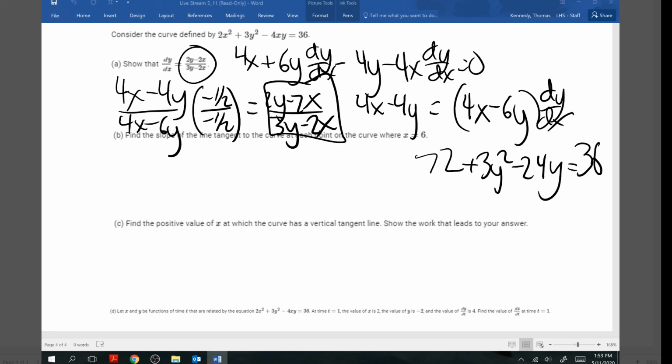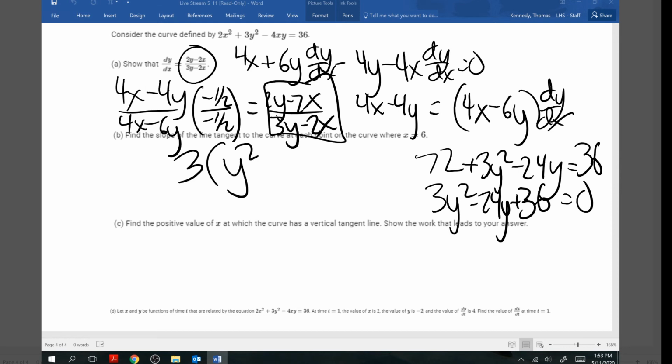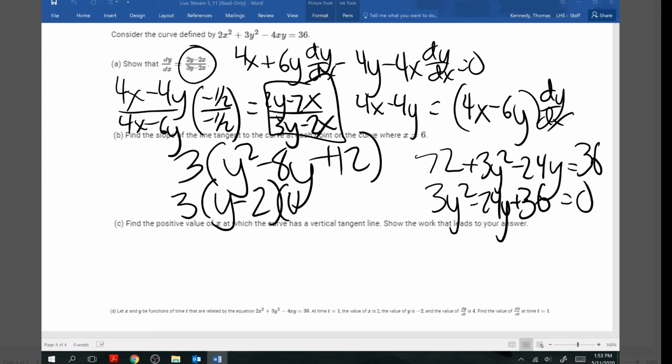And you actually have to solve this equation, which requires you to factor or do the quadratic formula. So you have to get it equal to 0. You have to take out a 3. Well, that's the smart play, not to do the quadratic formula at this step, because this does factor nicely. And get the 2 points.